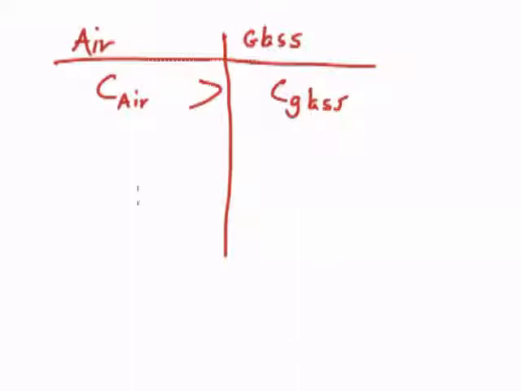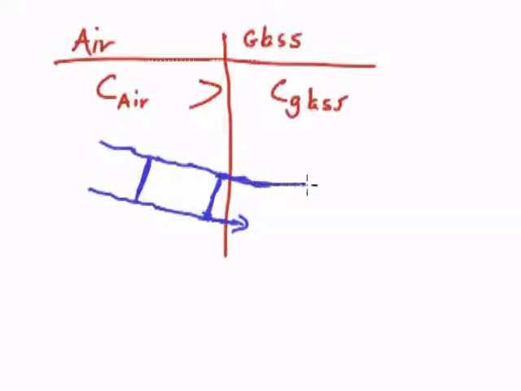Now, the way I like to visualize this is that the photons have a size, like little cars driving along, and when the car hits this interface, its left tire is going to hit the glass first, and so at that time the right tire is going to start to overtake the left tire and cause the car to turn slightly to the left.